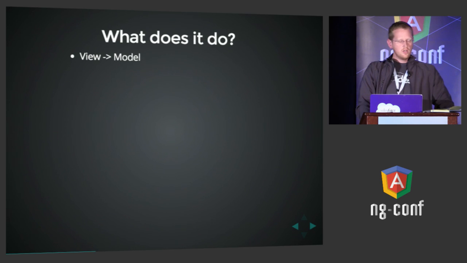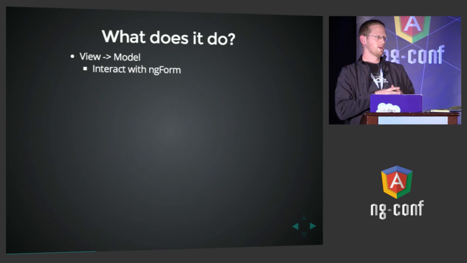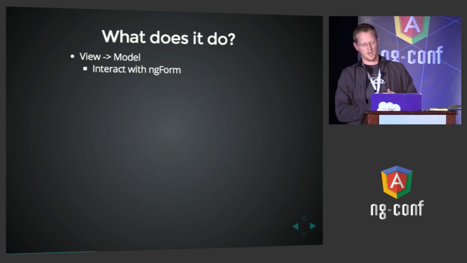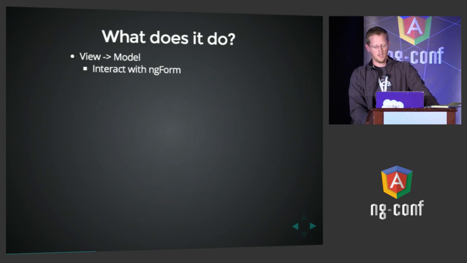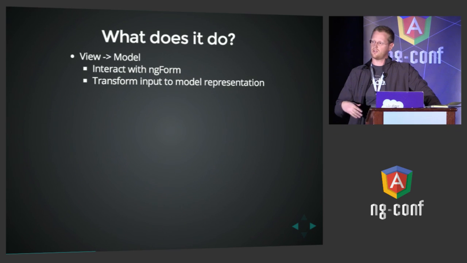So what does it do? When you're coming from the view and taking data from the view and putting it into the model, it's going to interact with ngForm. This is for things like dirty and pristine and valid, invalid. It's going to transform your input into the model representation. So real simple, like an input directive, you type in text, your model representation is text.